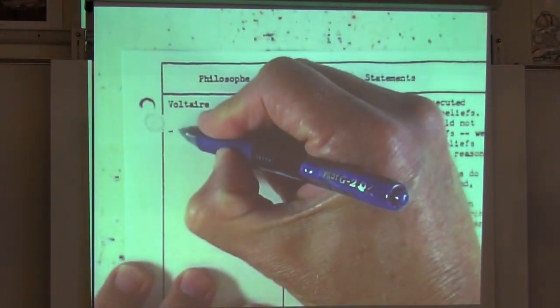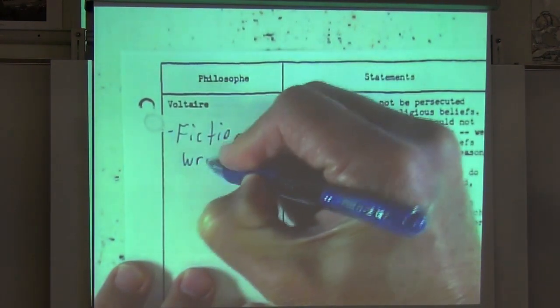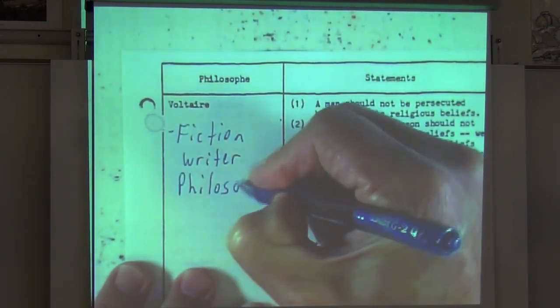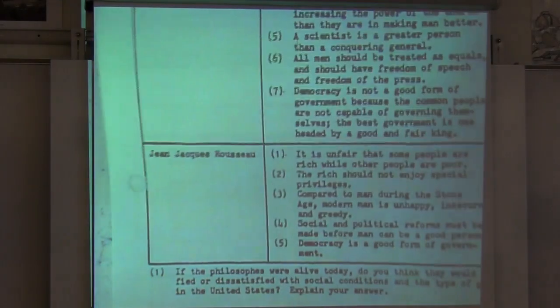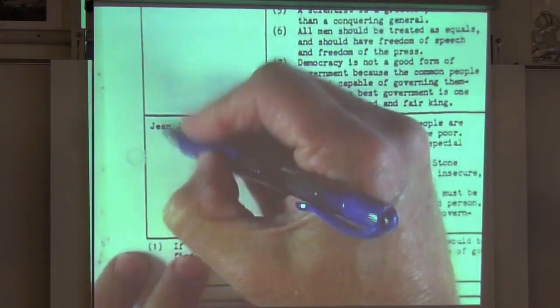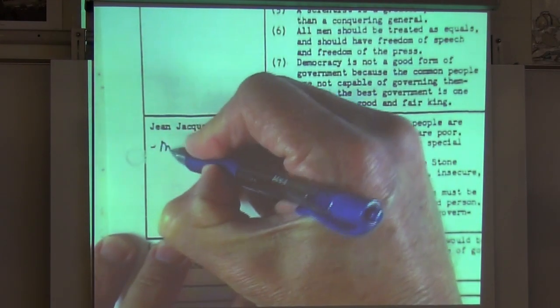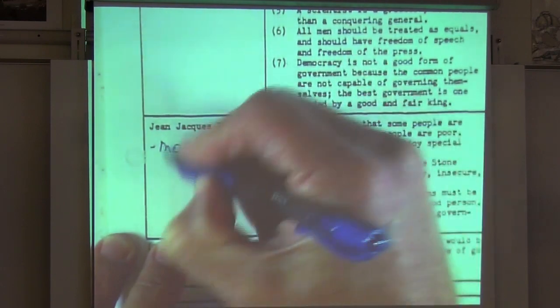We're going to call him the fiction writer philosophe. And then the last one here, Jean-Jacques Rousseau. You can see the Frenchness of that name. We're going to say he was the most radical philosophe.